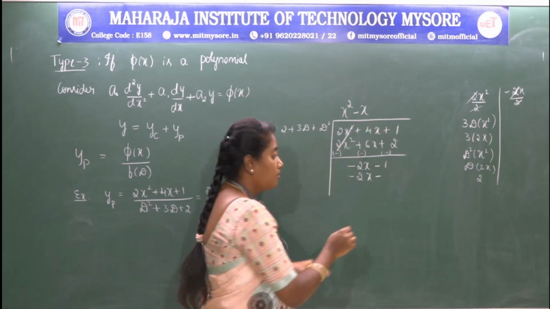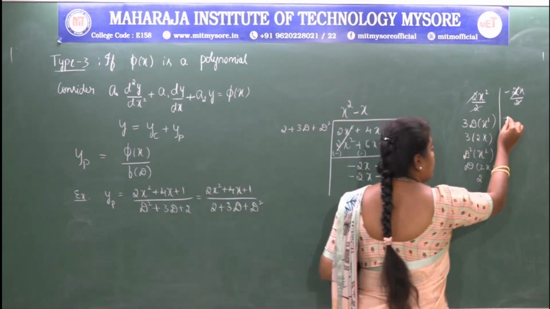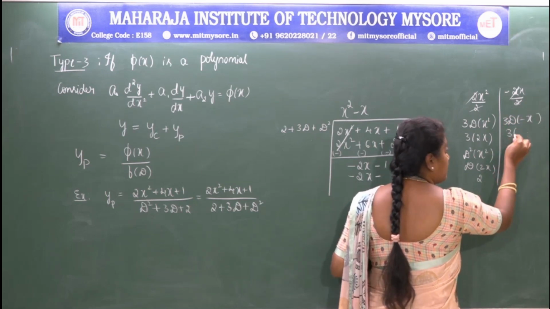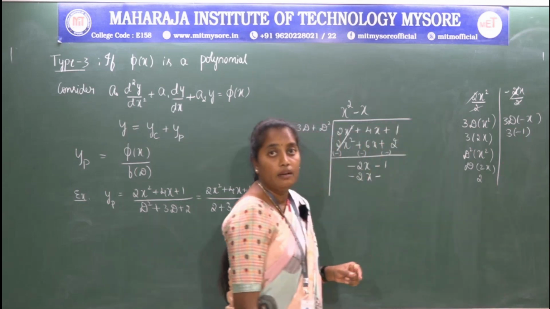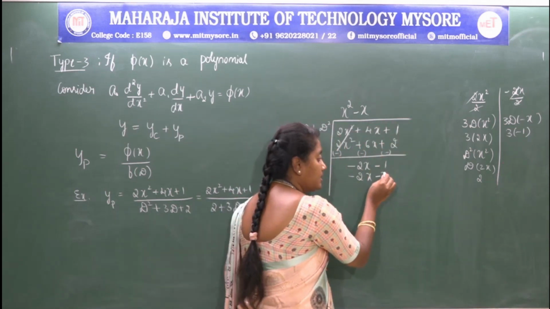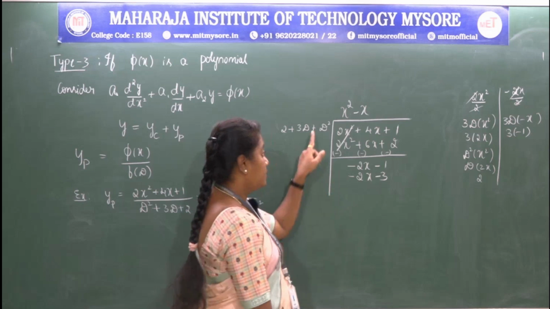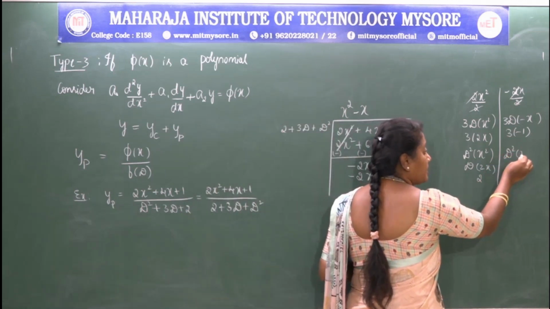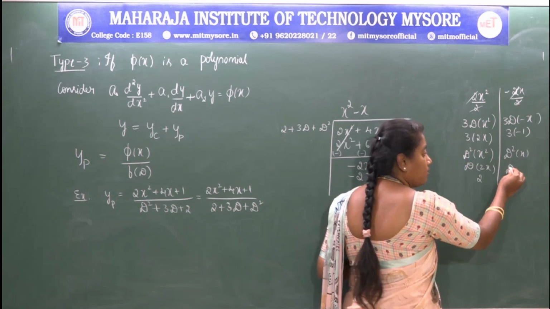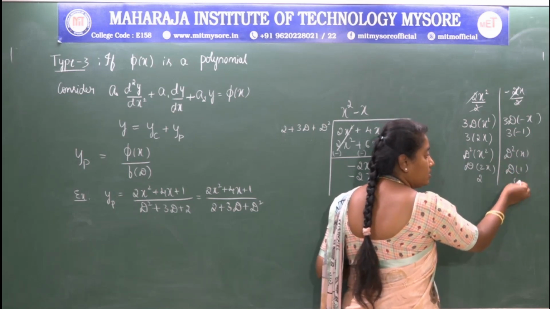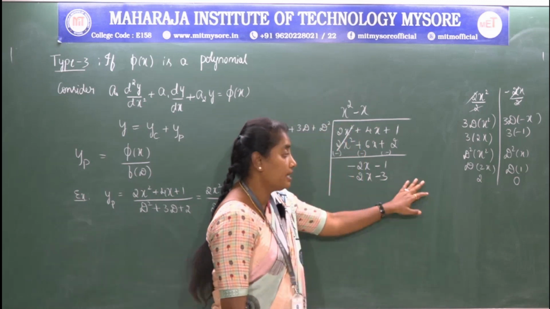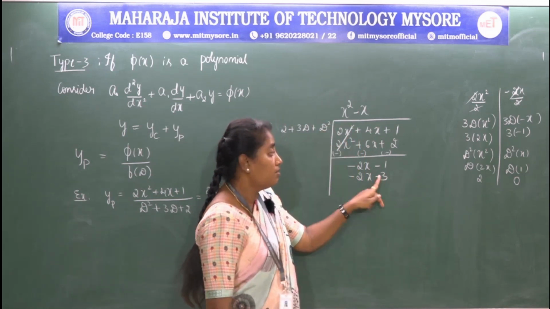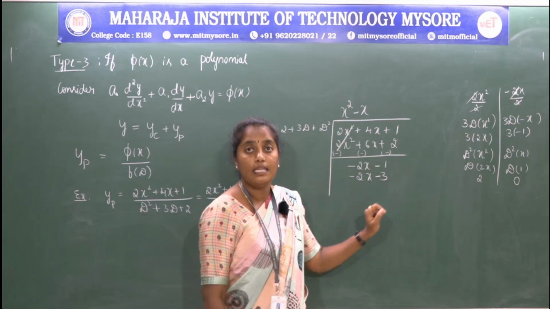Differentiation of x is 1, so 3 into minus 1, we get minus 3. Next we have d square of x, differentiating once we get 1 and differentiation of 1 is 0, so the next element is 0.